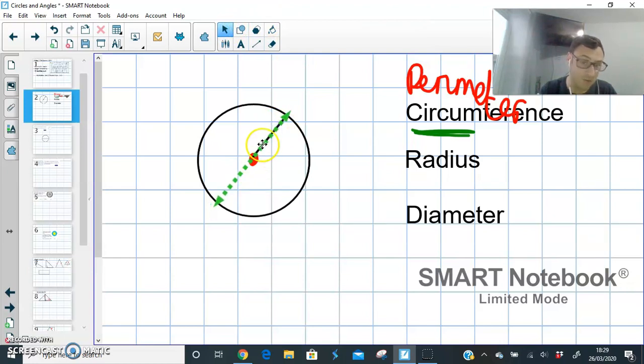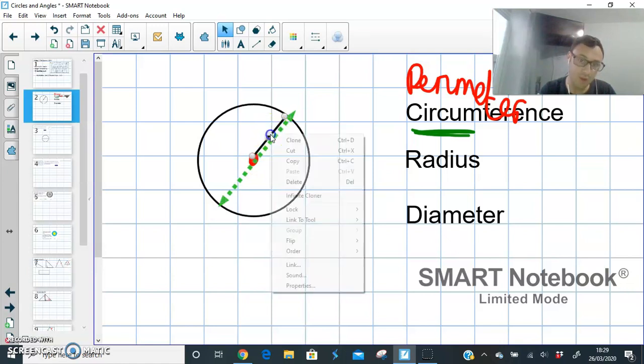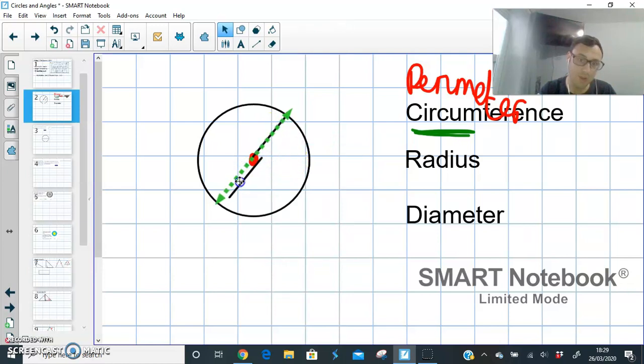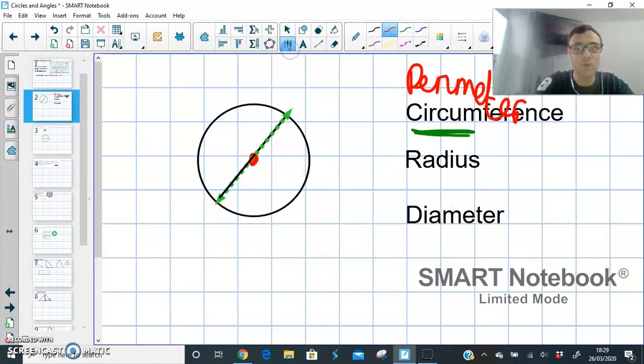Now, some of you will be thinking, oh, hold on a minute, that looks a bit like the radius. Well, it is very similar to the radius, except the diameter is twice the radius, because if you look here, I can move my diameter and I can make two of them. If I clone that and I can move that back again, it attaches directly there. So you'll see that the two lots of the radius makes the diameter.